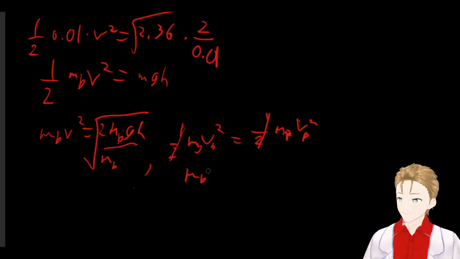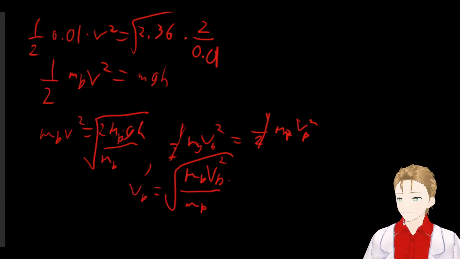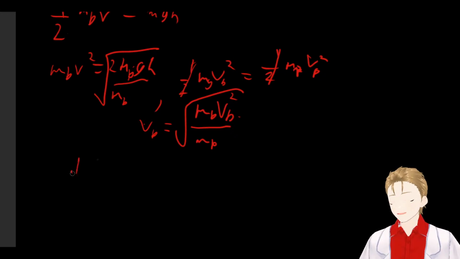Let's do them as v_b squared, v_p squared there. That's equal to... and then we can create a 1/2.